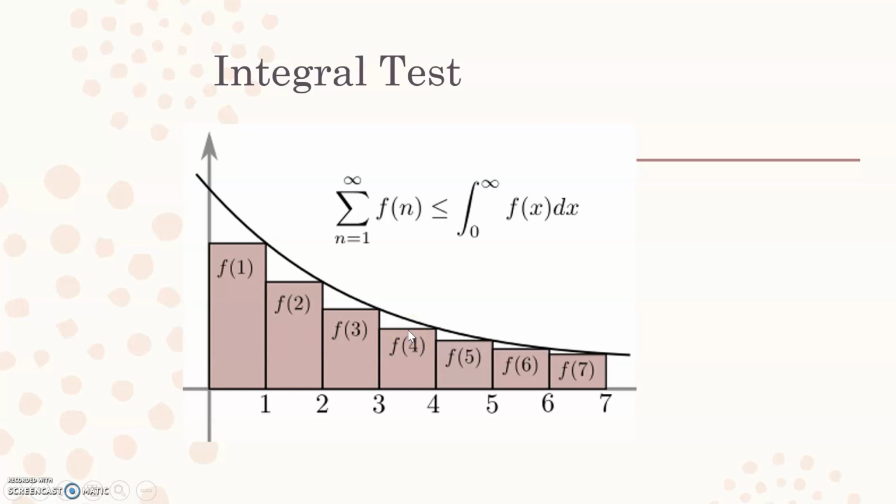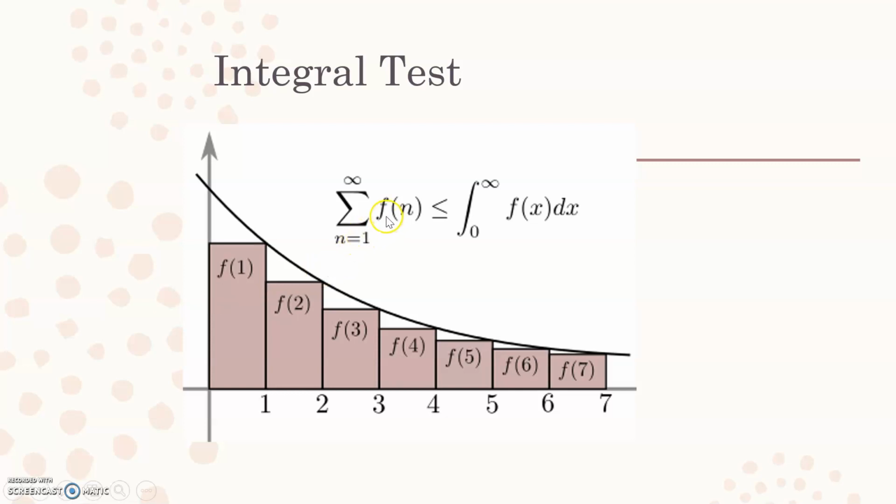So we know that the sum is less than the integral, so if the integral exists, then we know that the sum exists. They're not equal, but we can say for sure that the series converges. All right, so let me say that again.